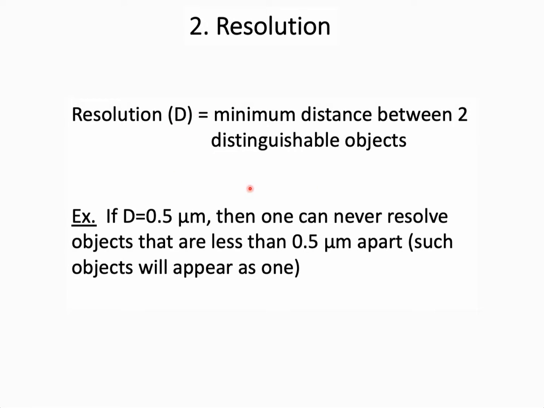Resolution is denoted by the letter D, and here is a second definition: resolution is the minimum distance between two distinguishable objects. For example, if your microscope system has a resolution of 0.5 microns, it means you can never distinguish objects less than 0.5 microns apart. If less, the objects will appear as one.